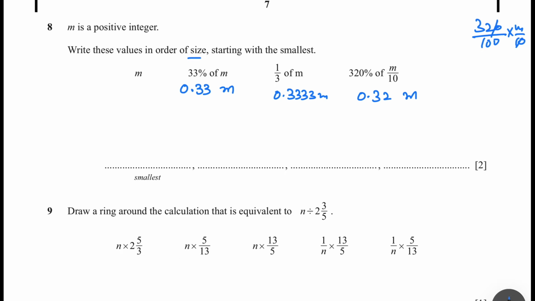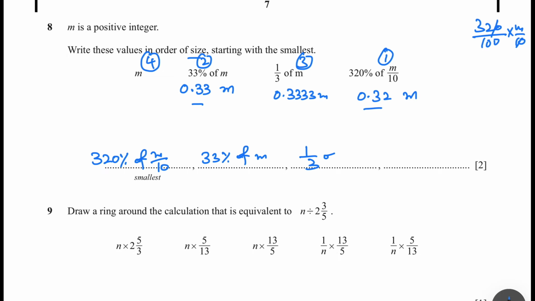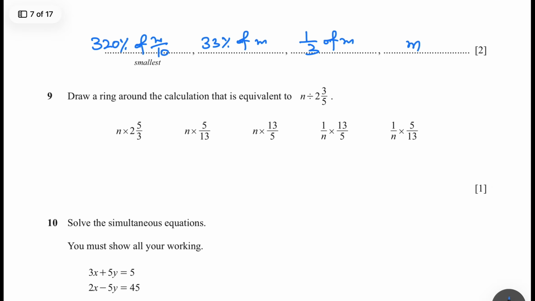Now we can see which one is the smallest and which one is the largest. The smallest is 0.32, and after this we have number 2, number 3, and number 4. Now remember, you write these numbers in the original form. So we have 320% of m over 10, then 33% of m, then 1 over 3 of m, and finally we have m here, right?